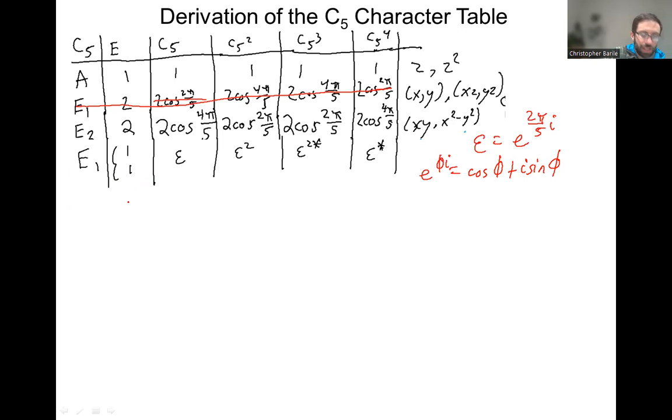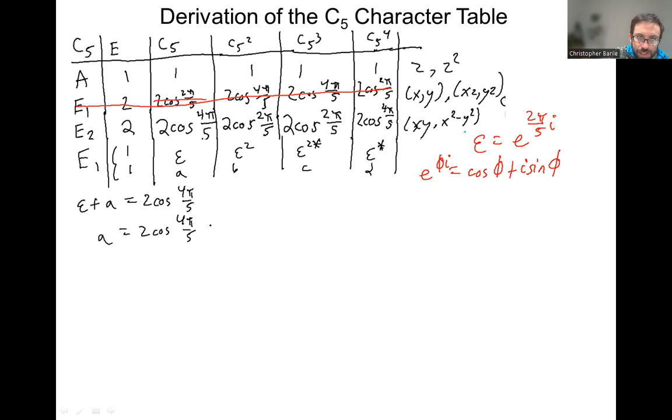So now what we know is that these components have to add up to one another. So epsilon plus A, and we'll call them A, B, C and D, we're trying to find these. Epsilon plus A is going to be equal to 2 cosine 4 pi over 5. Just subtraction. I like that. So A equals 2 cosine 4 pi over 5 minus epsilon.